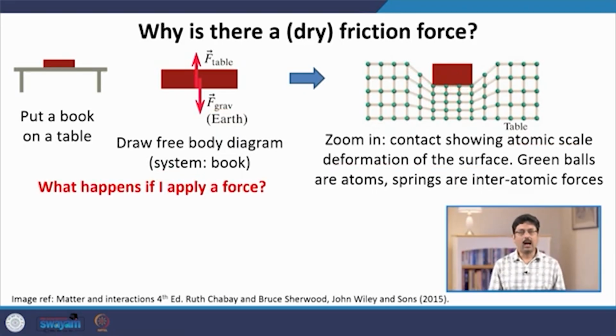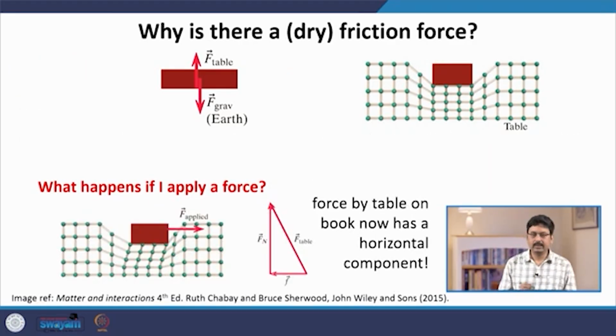Now, let us ask this question: what happens if I apply a force in the sideways direction? Well, here is a schematic picture of that. If I put a force, like shown by this red arrow, sideways on the book, then there will be further distortion of these atomic arrangements of the table.